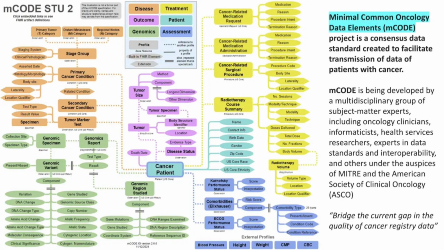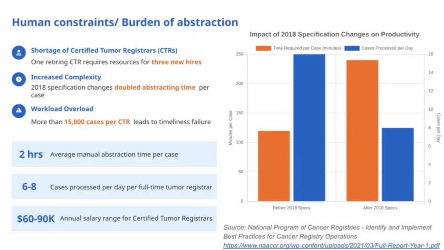So this is where the human factor really shows. There is a critical shortage of certified tumor registrars, as in every healthcare profession, right? And many registries already report vacancies that they cannot fill because it's a highly labor-intensive task, and especially the new generation does not want to sit down and work on this kind of labor-intensive task for hours, for weeks, for their entire life. So that's why it's hard to replace these CTRs.